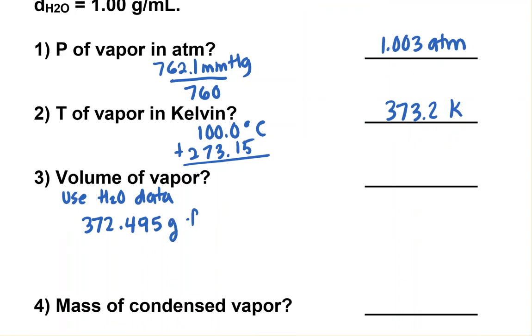This is the flask plus the water. And then we'll subtract out the flask. And that will tell us the mass of the water. Oops. Let's do that again.